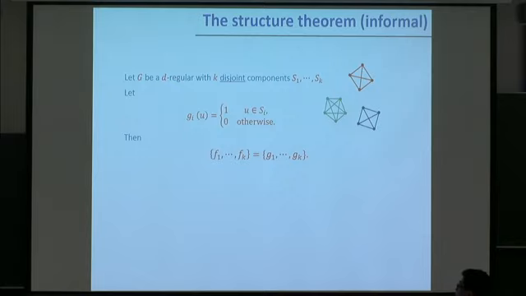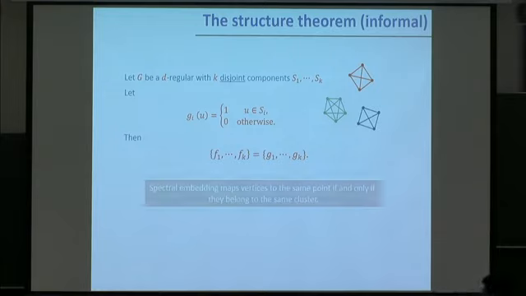So gi of u equals 1 if u belongs to Si, otherwise gi of u equals 0. Remember, this is a combinatorial property of the clusters. Now we further notice that f1 to fk are the eigenvectors of the graph. In this case, it's easy to prove that the span of f1 to fk equals the span of g1 to gk. These K vectors are exactly the same.